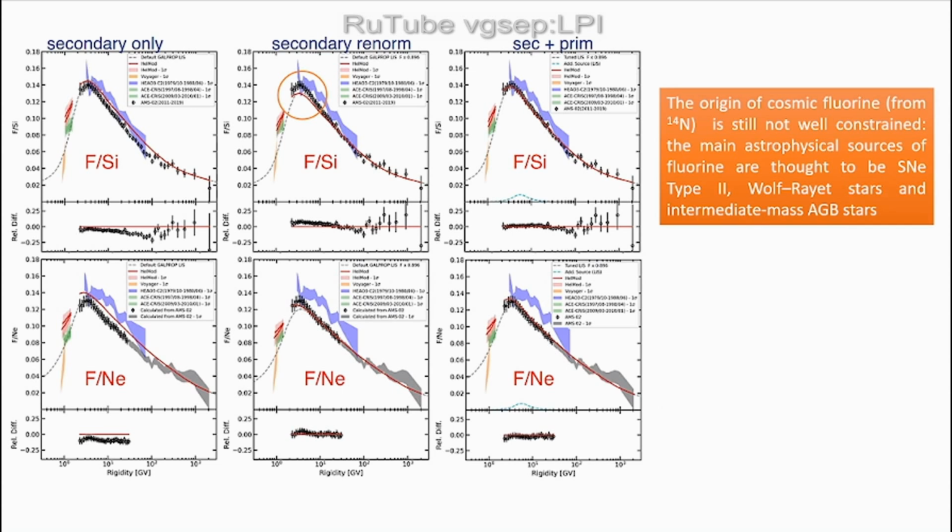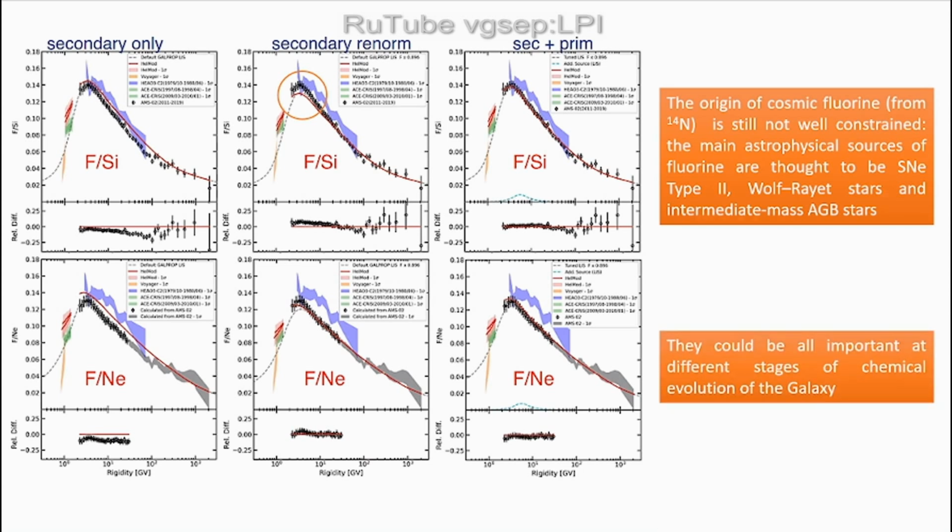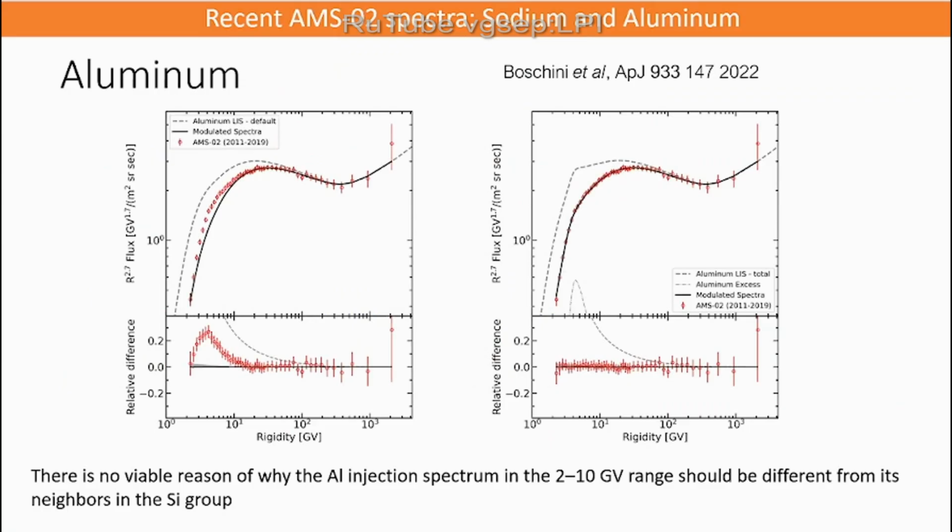We have many candidates. The main astrophysical sources are thought to be supernova type II, Wolf-Rayet stars, and again AGB stars. And in principle, they could all be important at different stages of the chemical evolution of the galaxy. So this could be something new.